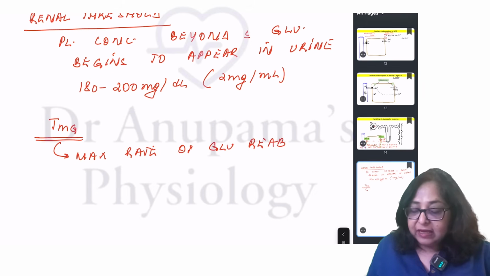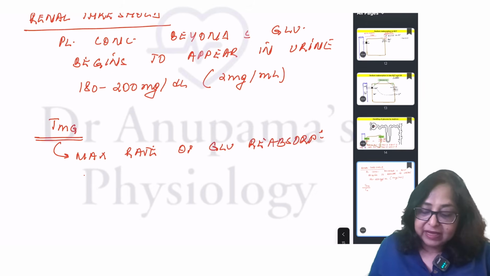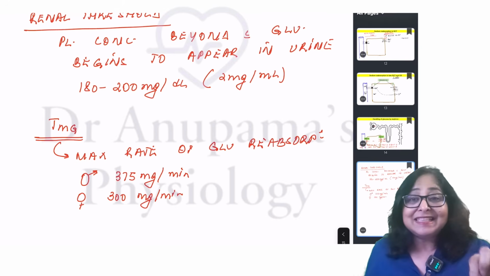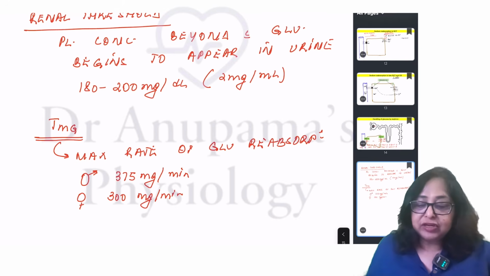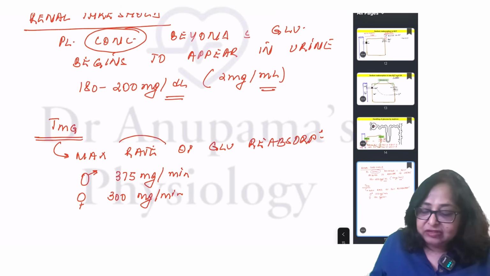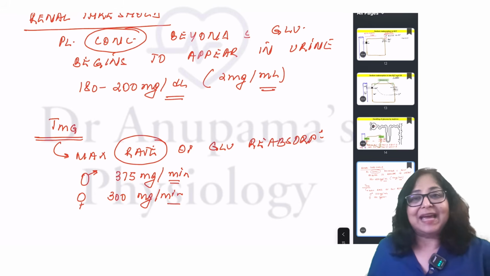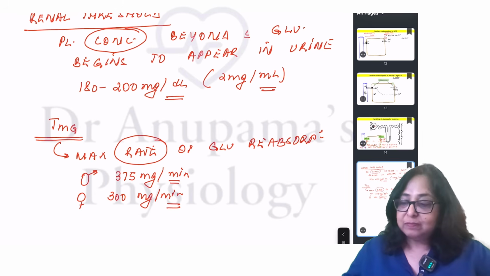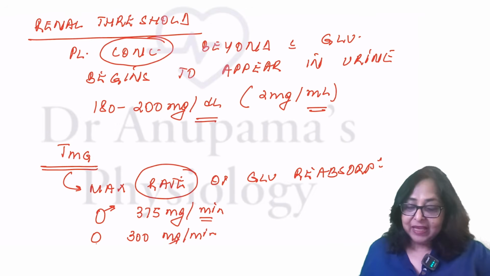The TMG in the case of males is 375 milligrams per minute. In the case of females, this is 300 milligrams per minute. Please see this very carefully. Renal threshold is a concentration, so this is per unit volume. TMG is a rate, so it is per unit time. So these are two important terms as far as glucose absorption is concerned.